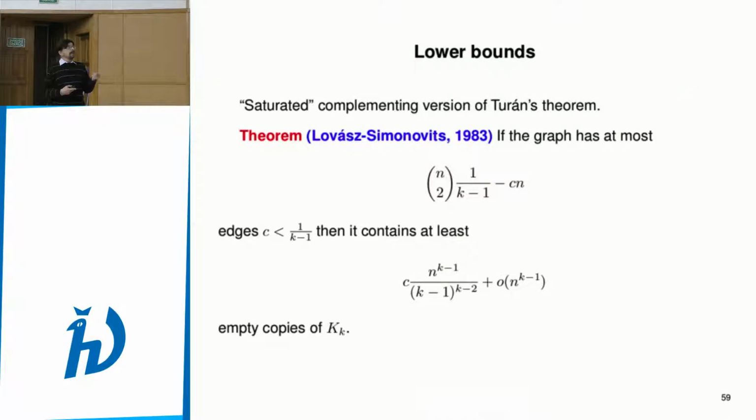So how many copies of empty k-tuples do we have? And this is the answer. If c is not very big, then we have at least this many empty k-sets.